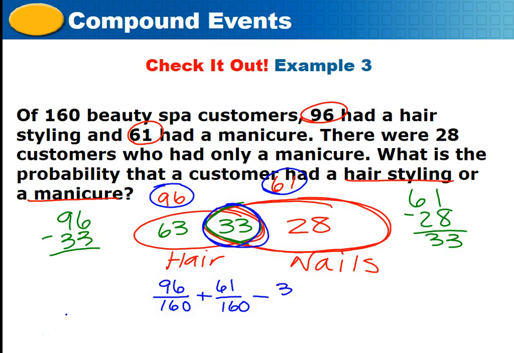So we're going to subtract the 33 over the 160. When we add together the 96 and the 61, and we subtract the 33 from it, we get 124 over 160. And then when we divide the 124 by the 160, we get 77.5%.